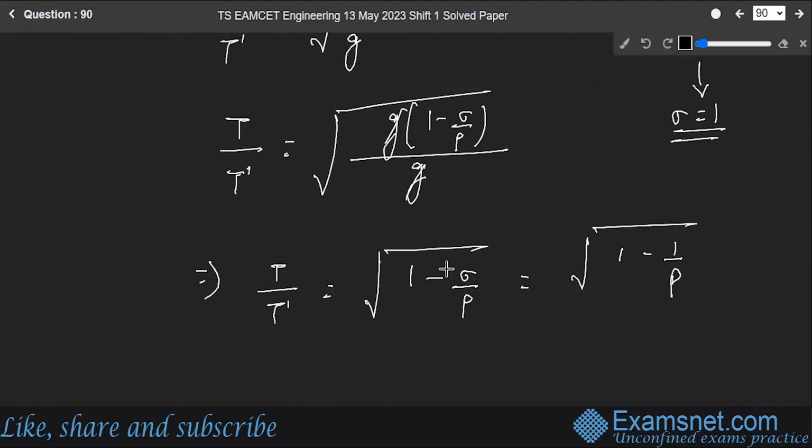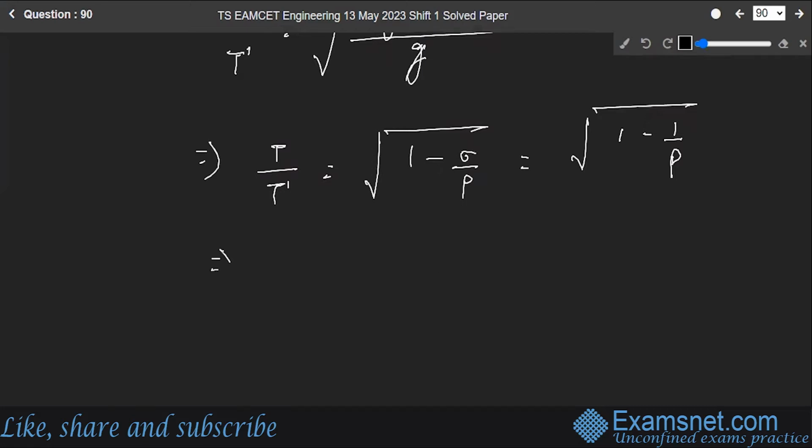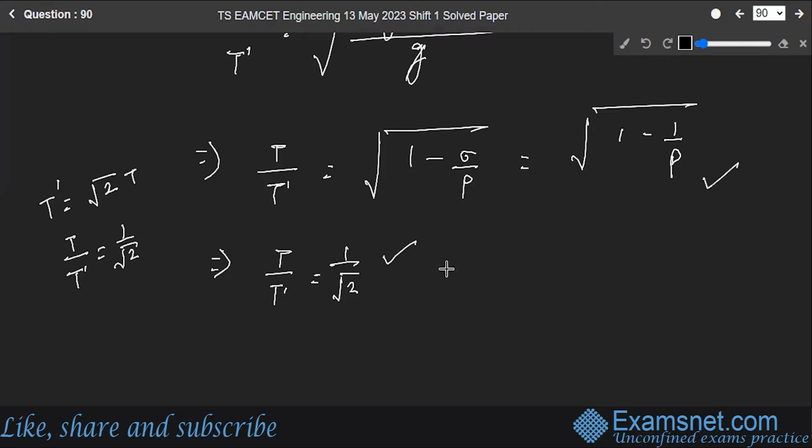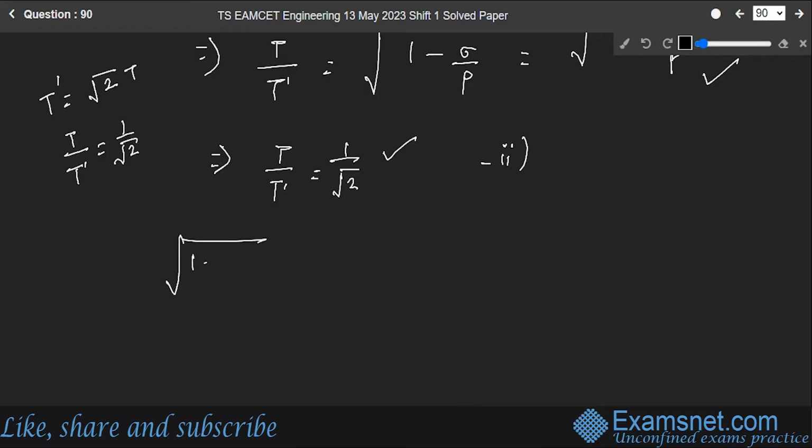Or you have T upon T dash is equal to 1 by root 2, because you know in the question that T dash is equal to root 2 into T. So this is from, let's say, 1 and 2: root of 1 minus 1 upon rho is equal to 1 upon root 2.